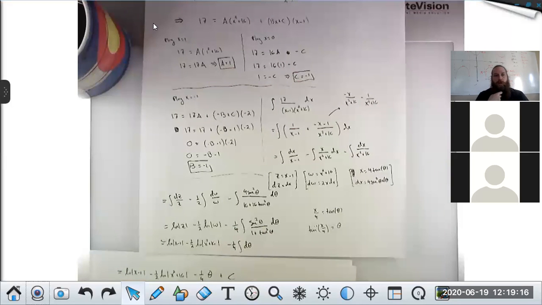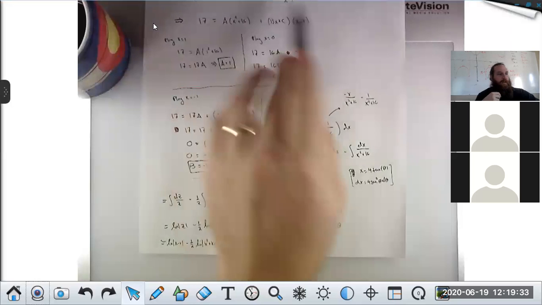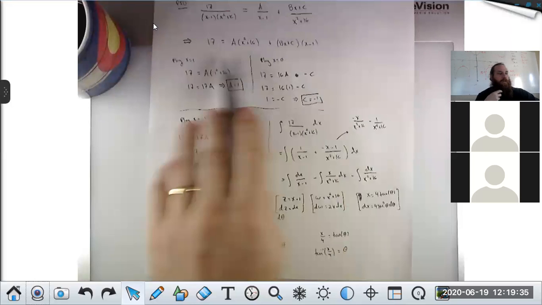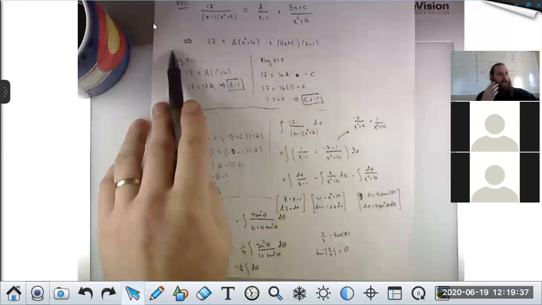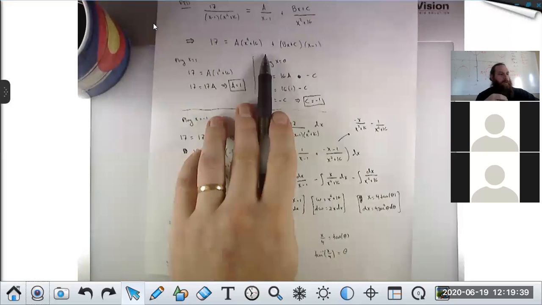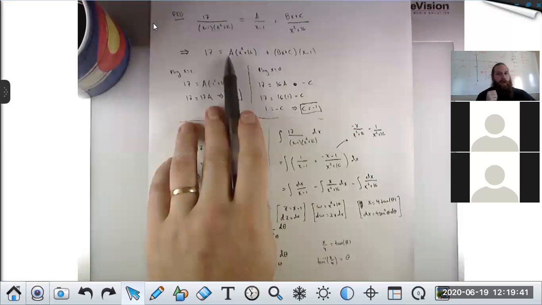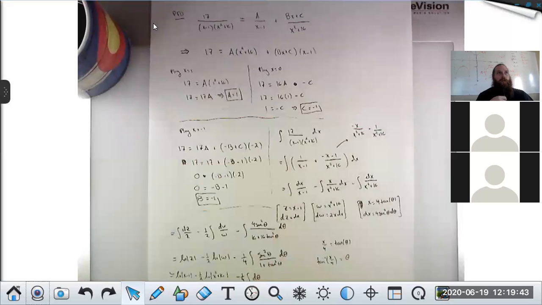The version of something else that I did here, not too bad. The alternate approach would be to multiply everything out and then equate coefficients on the left and right. So if you multiplied everything out in this line, and then set the coefficient of x squared on the left, which is 0, equal to the coefficient of x squared on the right, which is a plus b, then you would find that a plus b equals 0. And you do the same thing.